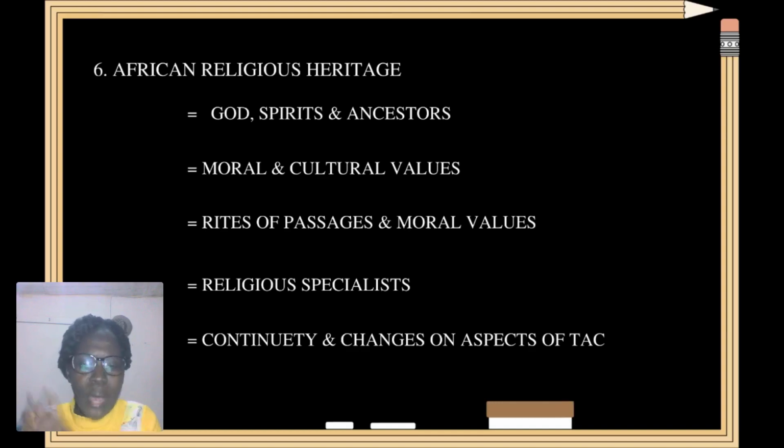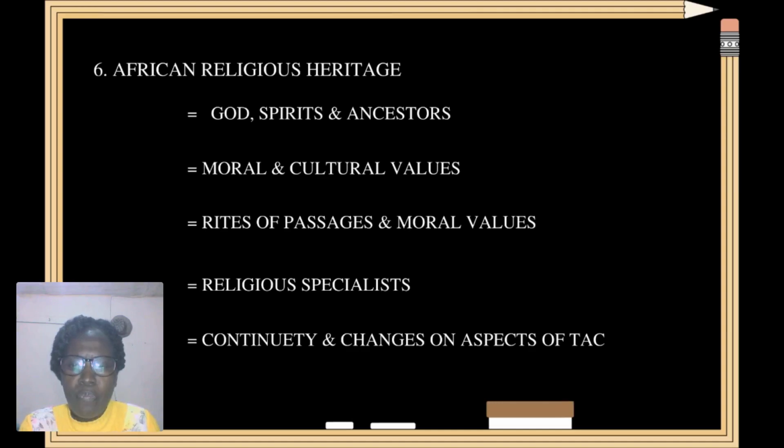They were there, and they are still there. Are there things that were there then that we don't do anymore? So there's the question of change. Or are there things that were there, we still have them, but we do them in a different way? That's an aspect that you're looking at as changes on the aspects of the traditional African community.